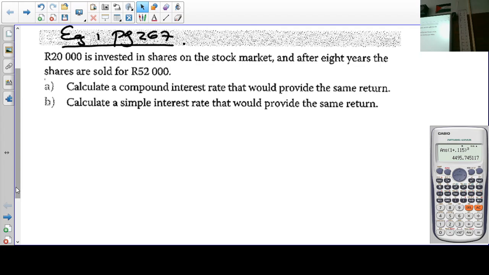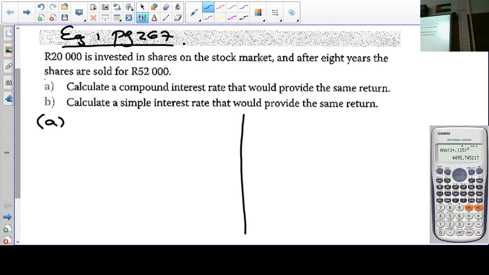The question says in A, calculate the compound interest rate that would provide the same return. The compound interest rate. So what are we actually calculating here? The i value, which will be your rate at the end.